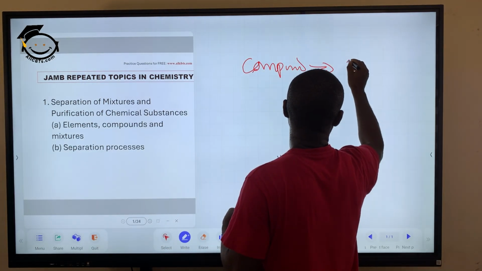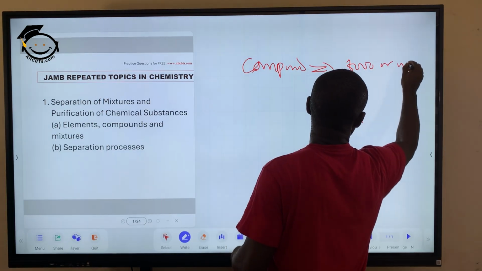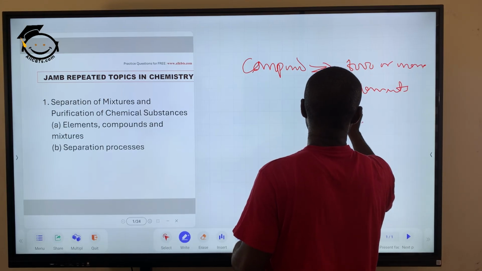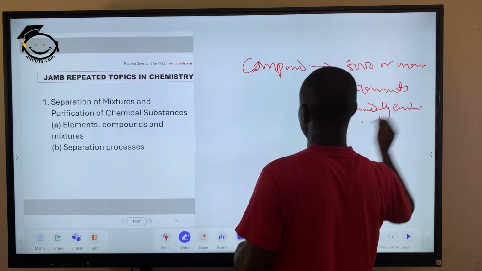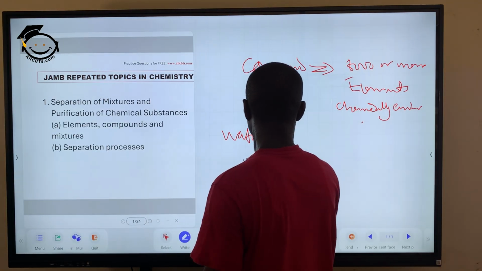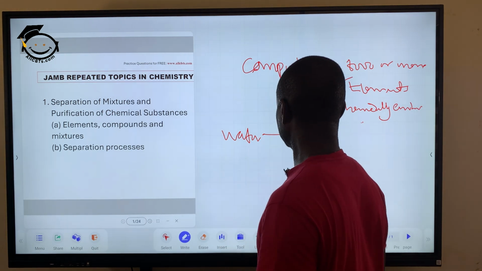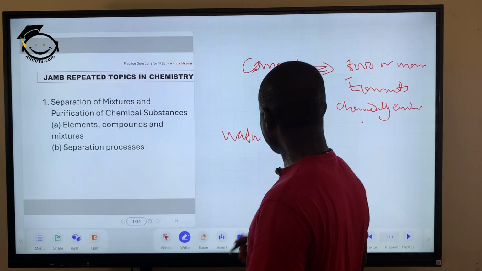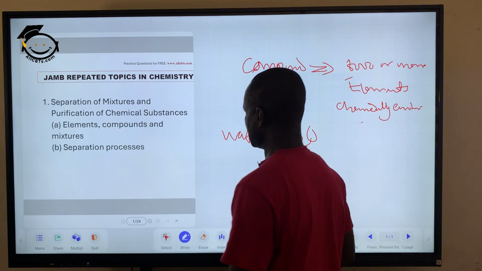For instance, we have water. Water has the formula H2O, which gives a compound of hydrogen and oxygen. So they are chemically combined. They are formed from individual elements to form a compound.